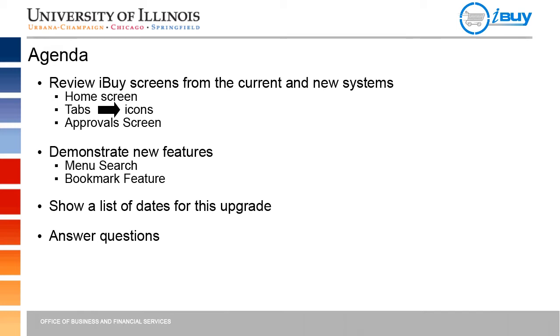We will also demonstrate two of the new features, which are menu search and creating bookmarks. Finally, we'll tell you when new training and the new system will be available. At the end of this webinar, we will also be able to answer questions. If you have any questions during the webinar, please type them into the questions field.